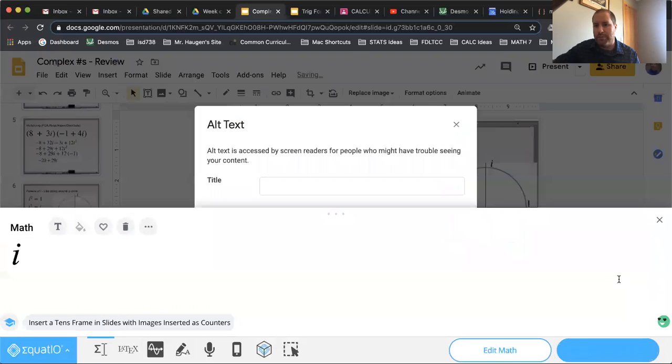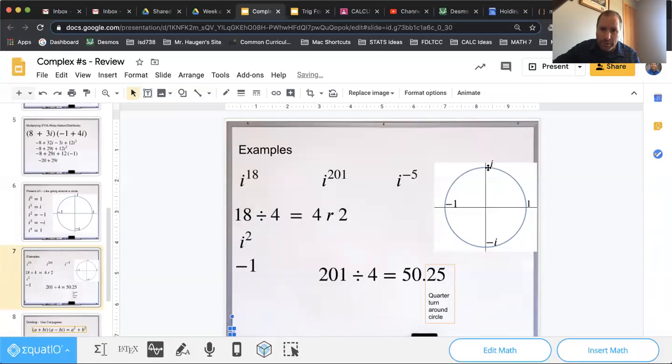Because it's a remainder of 1, or 25% of the way around the circle. So that's what that one becomes. And i to the -5, you do the same thing. It's just like negative angles, we're just reversing direction. So here, -4 would end us back at 1. -5 would come through this way, and we'd end up at -i in that case.